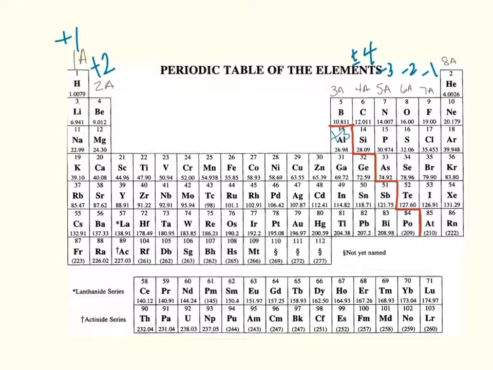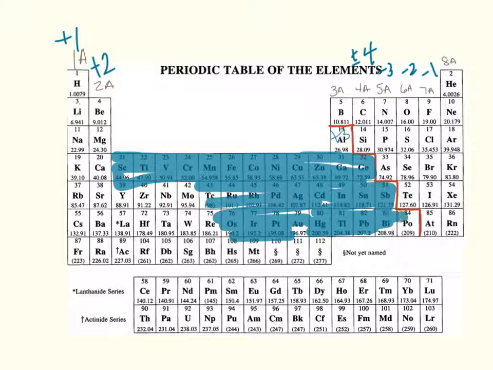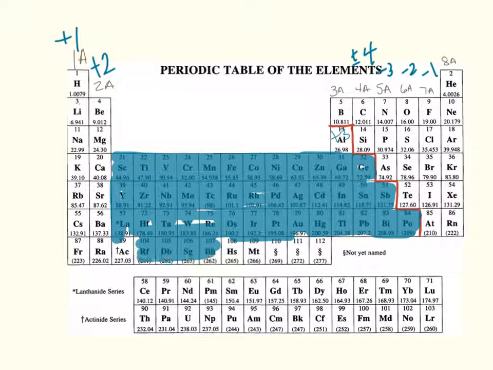Now when it comes to these elements down here, they're a little different. All right, they don't follow the same rules. They're called transition metals, or at least half of these are, and that's because they transition. They have different oxidation states, okay?